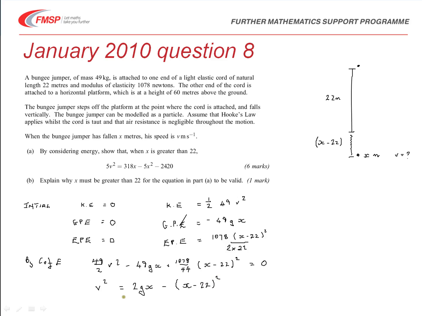So now we can multiply through by 5 to get the 5v squared, and then we can expand these brackets. g we can take as 9.8, so this becomes 19.6, which when multiplied by 5 gives you 98x.